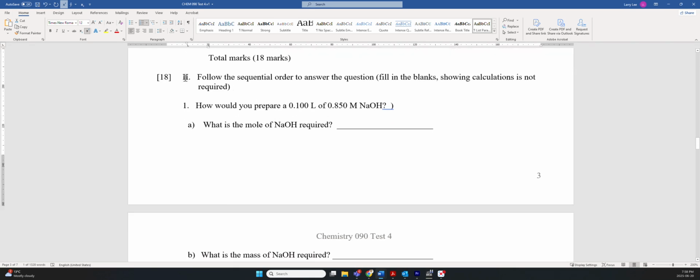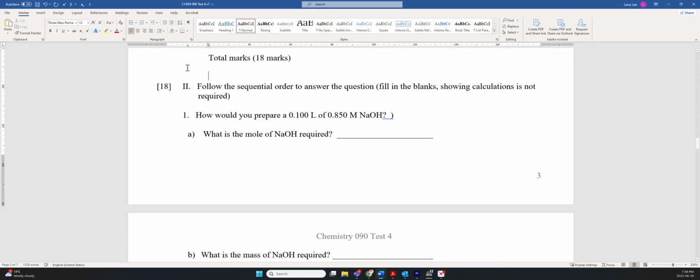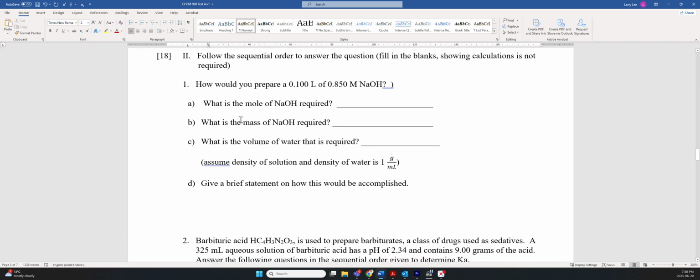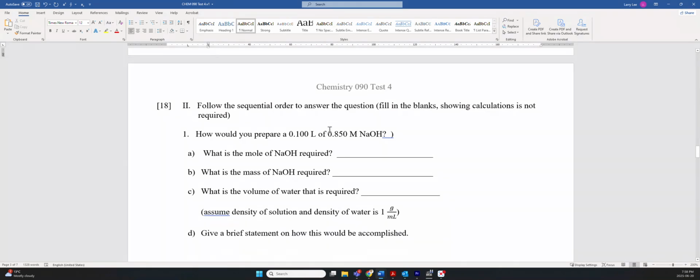Okay, for the following, this is now part 2, which is the sequential order. What is the mole of sodium hydroxide required? So remember, you could use the triangle if you want. Moles over liters is equal to moles per liter, or liters times moles per liter. So expand the big M to become moles per liter.